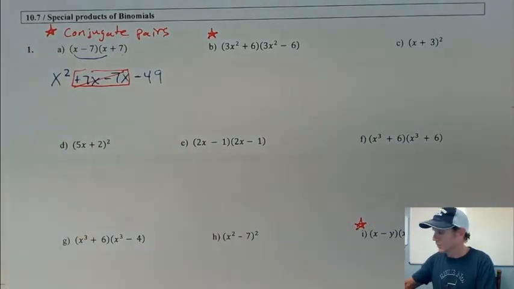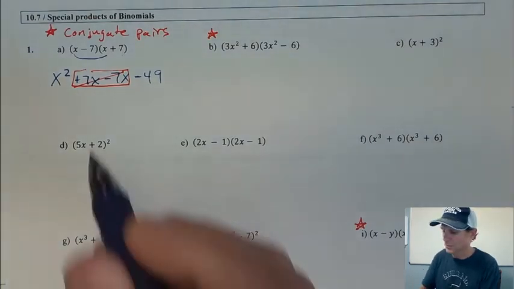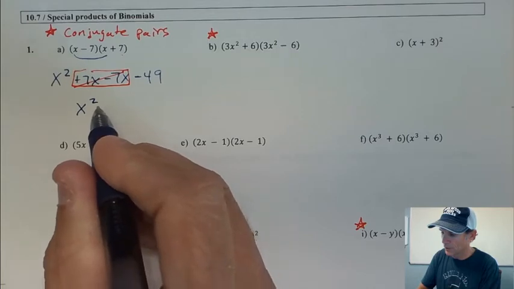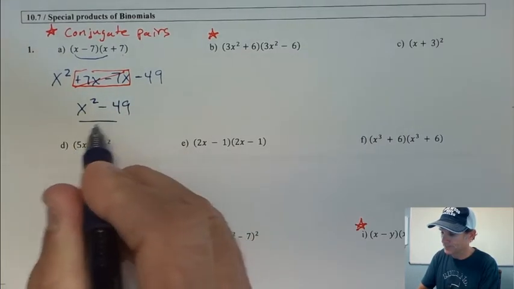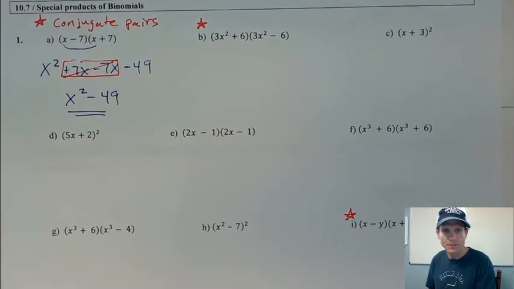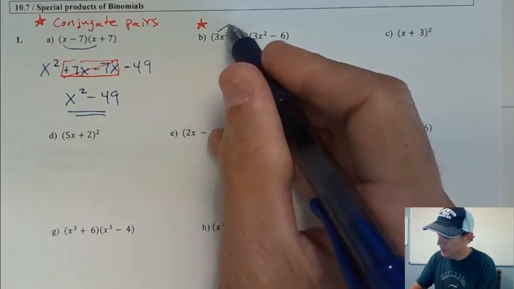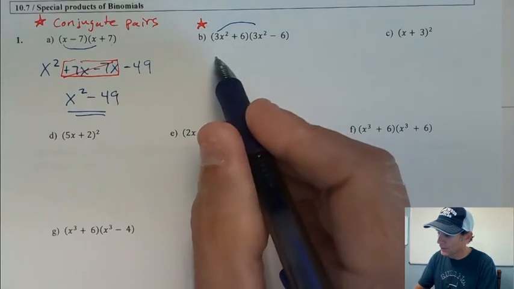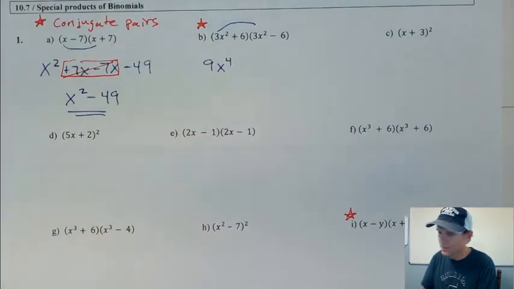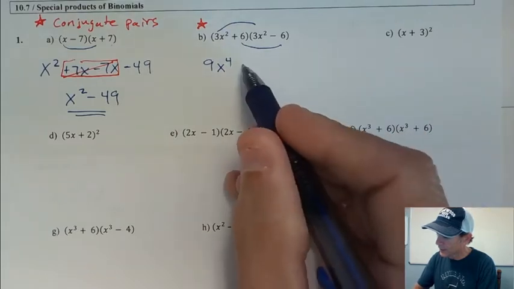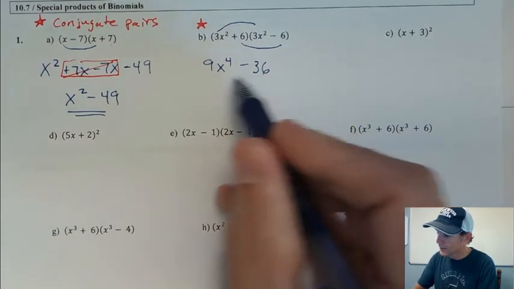So we really wouldn't have to do all the multiplication. If we did a few of these, we'd realize the middle part always cancels out for conjugate pairs. So knowing that, I would maybe just do the first part and get 9x to the fourth, and then just do the last part and get minus 36, and that's going to work for us.